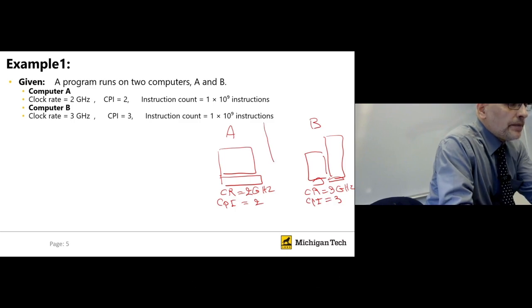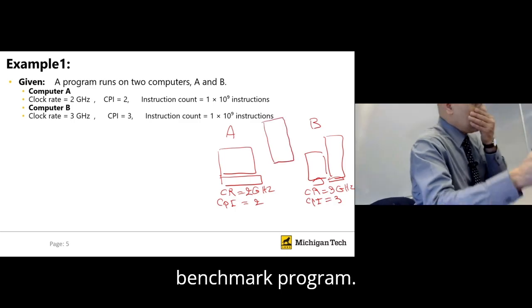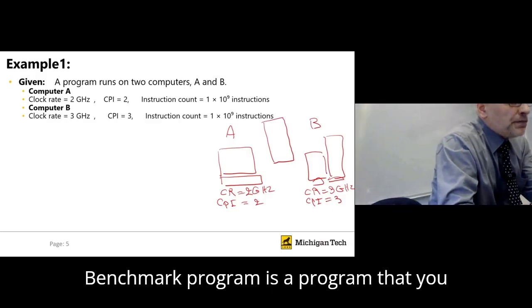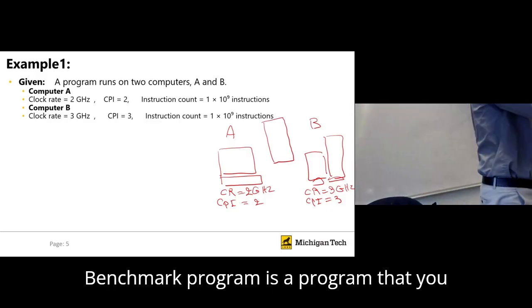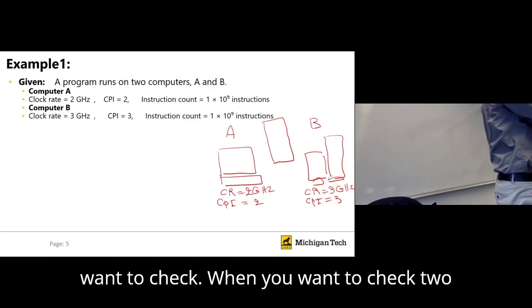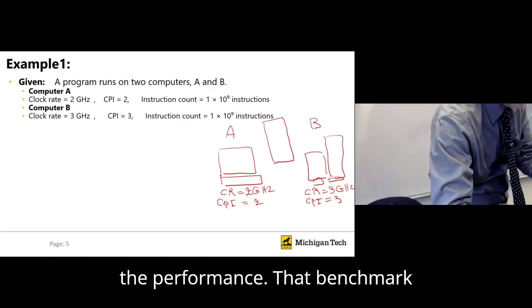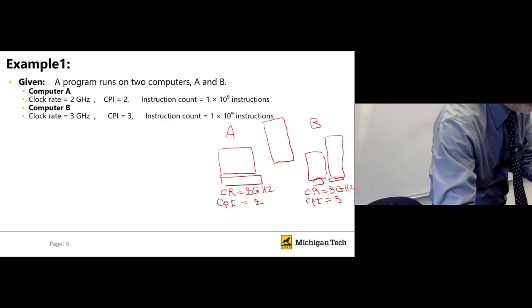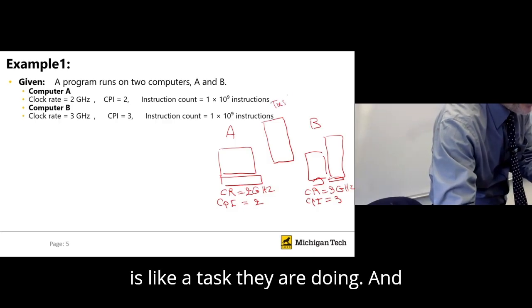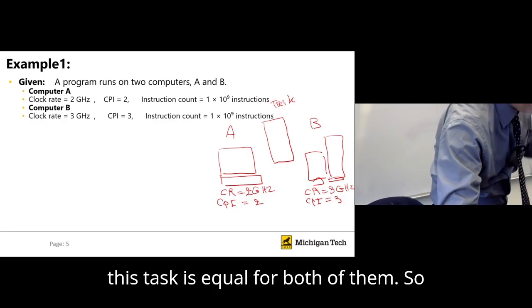And we have one benchmark program. A benchmark program is a program that you use when you want to check two computers. You can use that code to check the performance. That benchmark is like a task they are doing, and this task is equal for both of them.